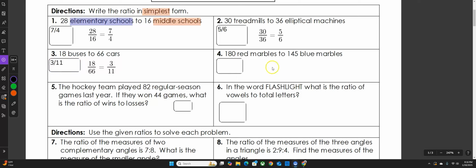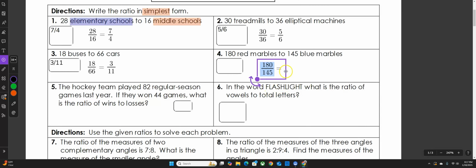Number 4 tells us they want us to find the ratio of red marbles to blue marbles. So we have 180 red marbles and 145 blue marbles. And we can definitely see that both of these numbers are divisible at least by 5. Not 100% certain, and for the sake of simplicity here, I'm going to go ahead and put this one into Desmos as well.